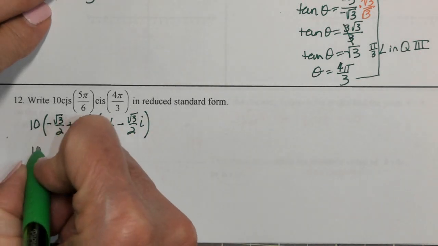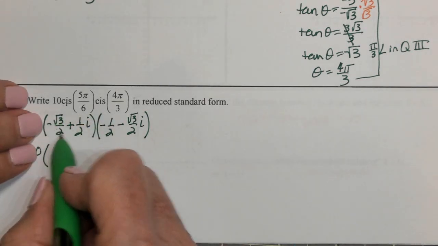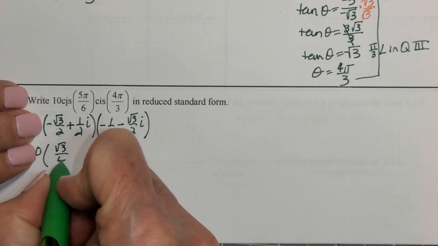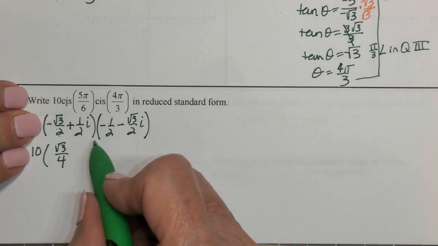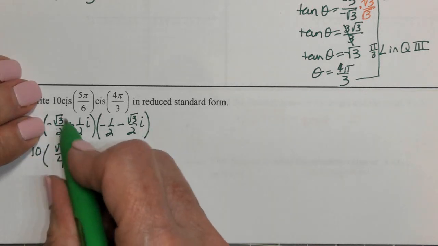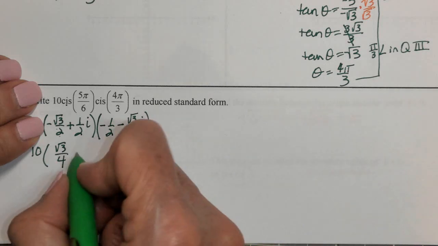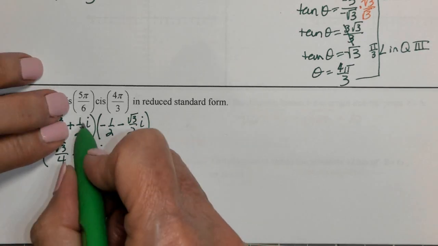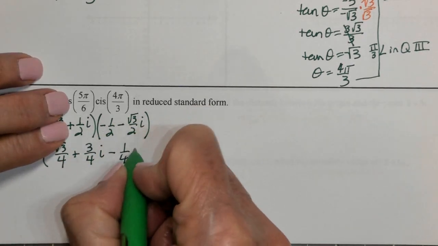I have 10 times, okay, negative square root 3 over 2 times negative 1/2 is a positive square root 3 over 4. Multiply the numerators, multiply the denominators. Negative square root 3 over 2 times a negative square root 3 over 2 i will be a positive 3/4 i. 1/2 i times negative 1/2 is a negative 1/4 i.